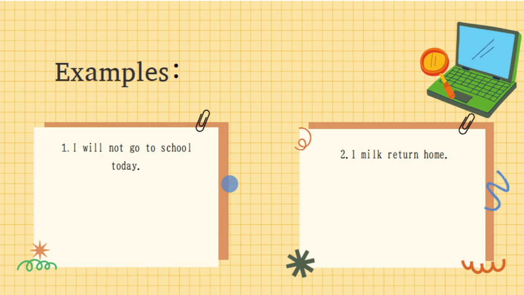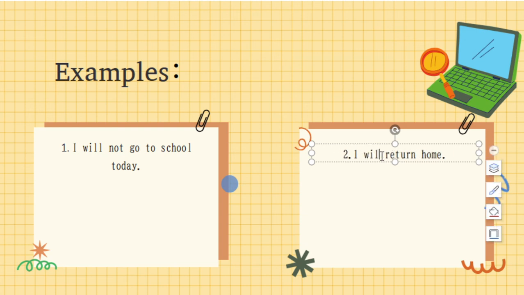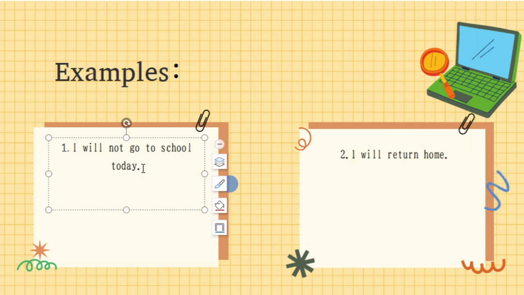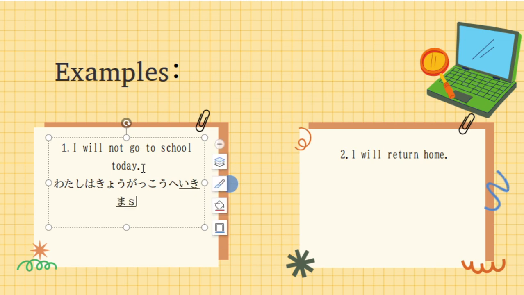So we have, I will not go to school today. Same with the previous example, we will just replace the ni with the e. So watashi wa, today is kyo, and the gaku e, ikimasen.